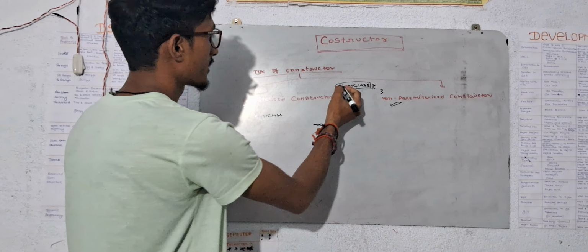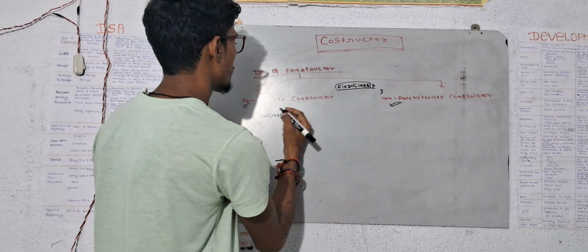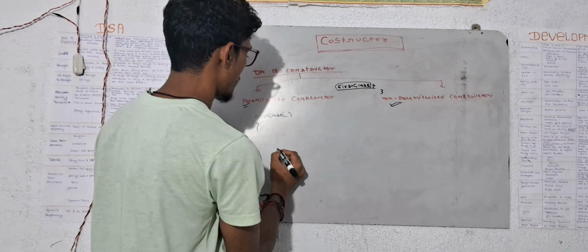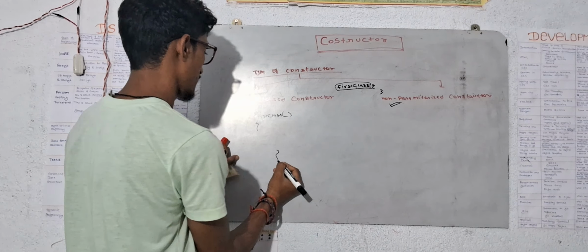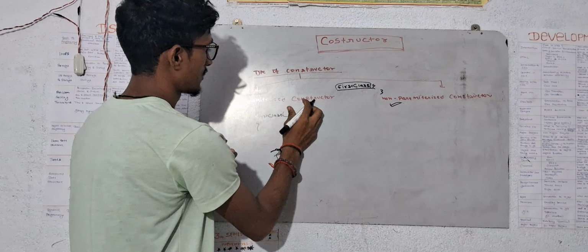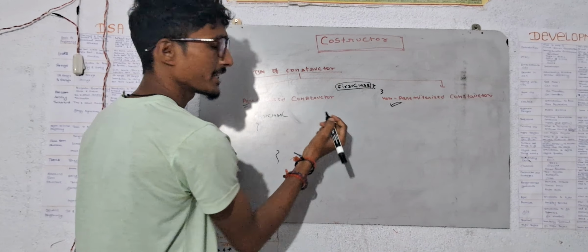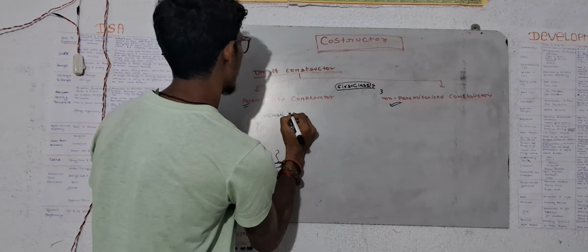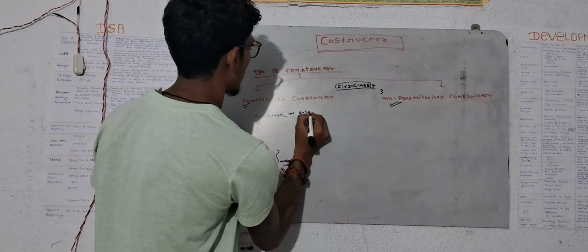After writing that class name, give small brackets and this block, and we need to give some parameter. So here we will take int data.